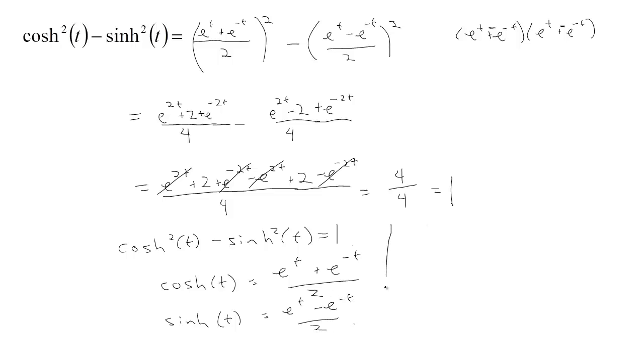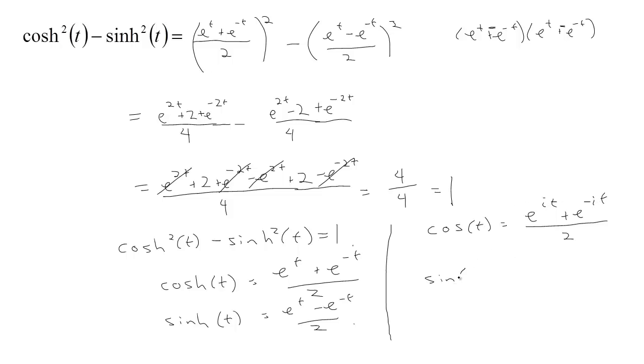So, by the way, there's another connection between the hyperbolic sine and cosine and the usual sine and cosine, which you could also call the elliptic sine and cosine. You can define the cosine of an angle, if you don't mind using this imaginary number i, as e to the it plus e to the minus it over 2. See the similarity to the hyperbolic cosine, except you have an extra i up there.